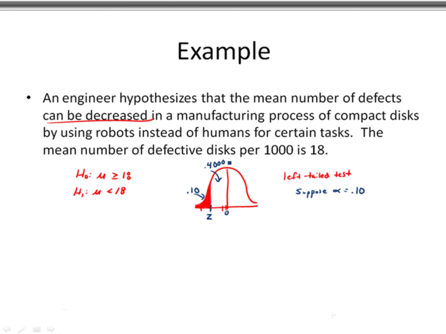Looking up 0.4000 in table E, the closest area I can find to it is 0.3997. 0.3997 corresponds to a Z-score of 1.28, and that would be negative because it falls on the left side of the curve. And so my critical value in this scenario would be negative 1.28.